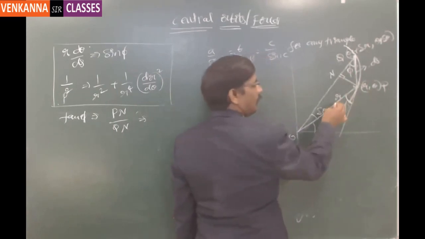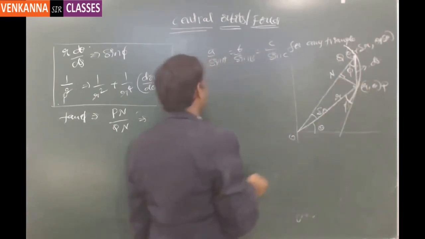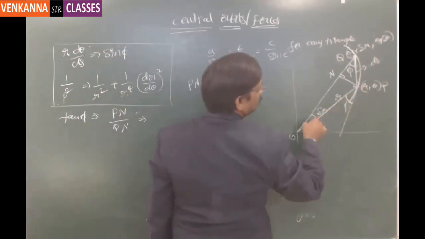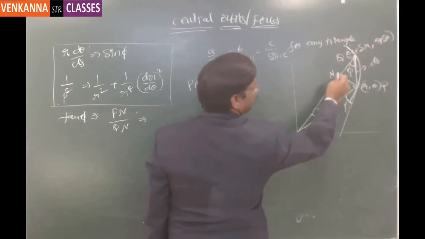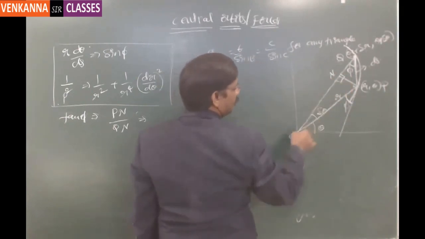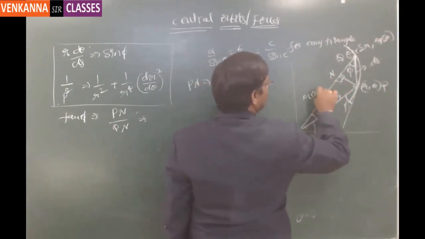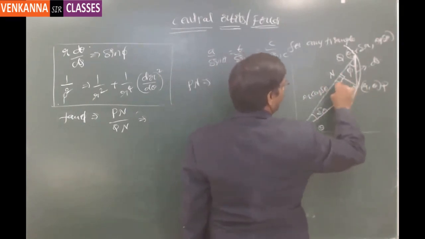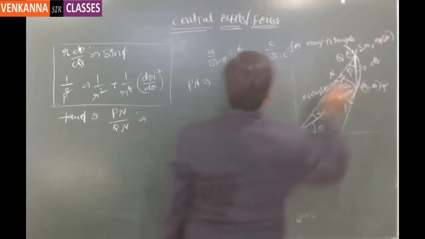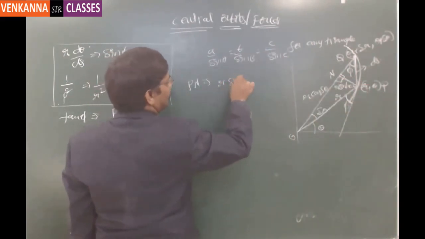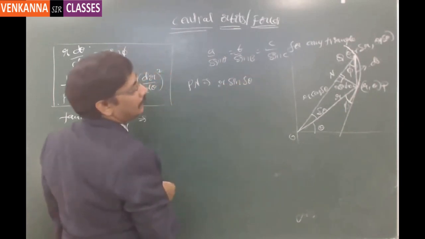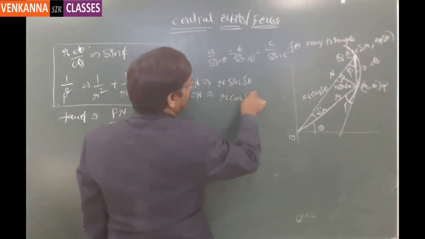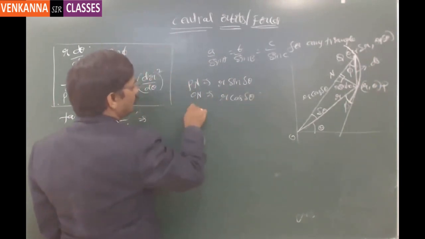So this is r, and this length Pn can be expressed as, so this is a perpendicular here. So On is r cos delta theta and Pn will be r sin delta theta. And we need Qn.